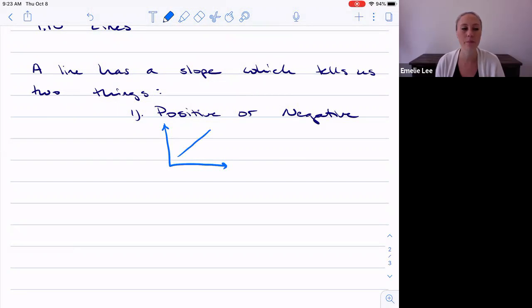Whereas a negative slope looks like this, where it's going down, down, down. So that's the first thing. If you have a positive slope, it'll actually be a positive value, then you're going up. And if it's negative, then it's kind of nose diving down. Okay?